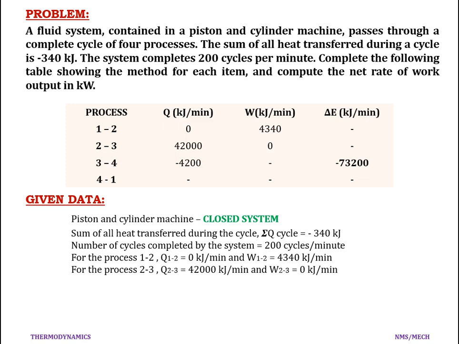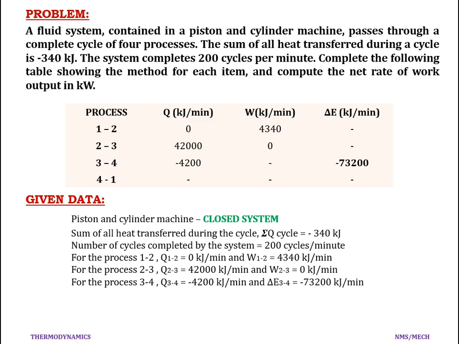For the process 2 to 3, the Q value is given as 42,000 kilojoule per minute and the work done value is given as 0 kilojoule per minute. Here also the delta E value is missing, and we have to calculate it. For the process 3 to 4, the Q value is given as minus 4200 kilojoule per minute and the change in internal energy is given as minus 73,200 kilojoule per minute.